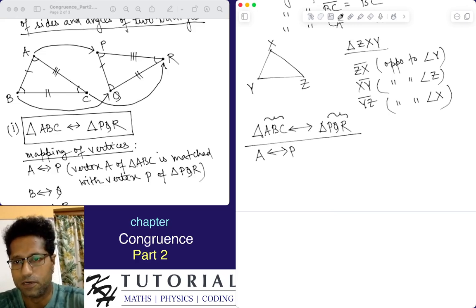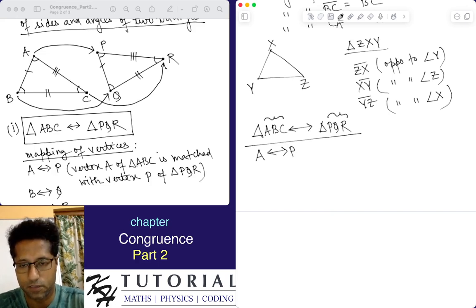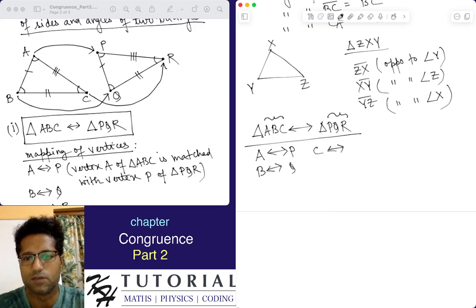You take the first letter of the name of triangle ABC, however you have named it; the first letter is A. You take the first letters of the names of the triangles, then the second letters, and then the third letters.